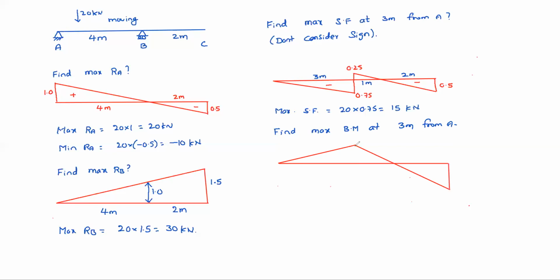So here, this is 3 meters, this is 1 meter. So here the ordinate is 3 into 1 by 4, that equals 0.75. For 1 meter 0.75, for 2 meters it is 1.5 because of similar triangles. This is negative, this is positive.